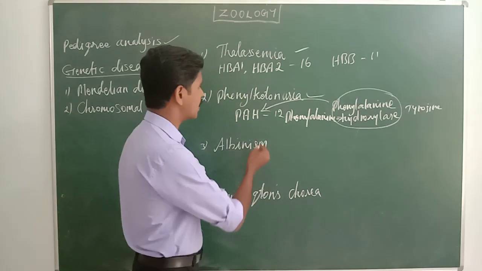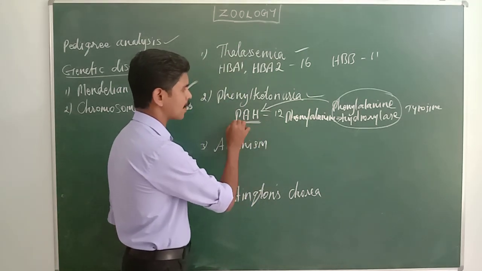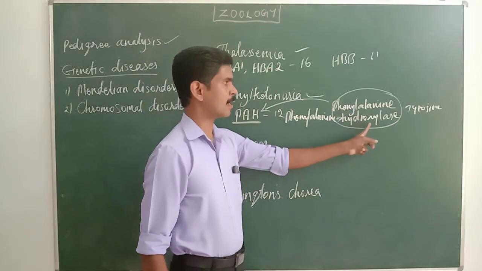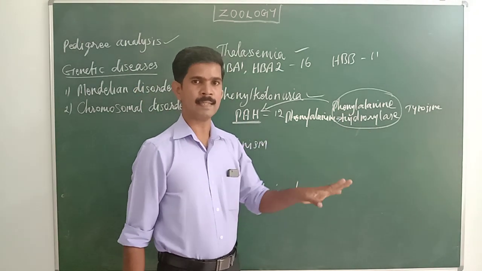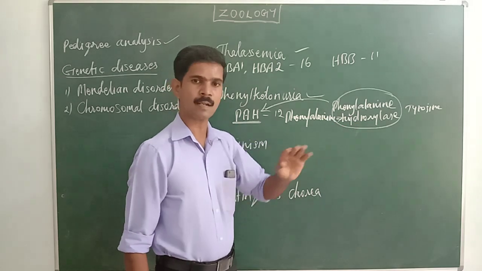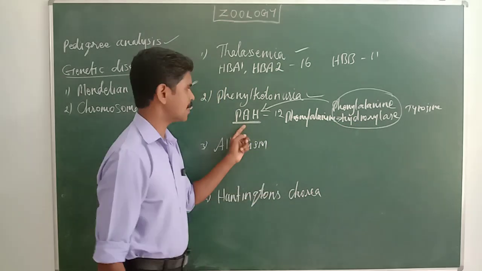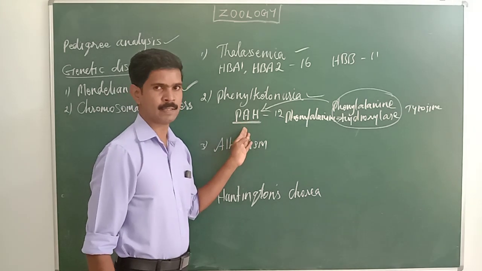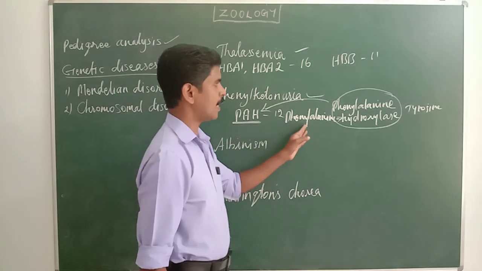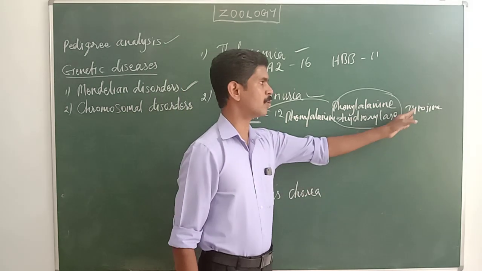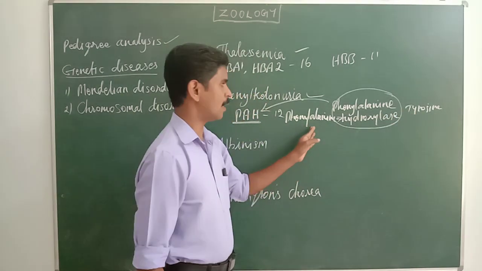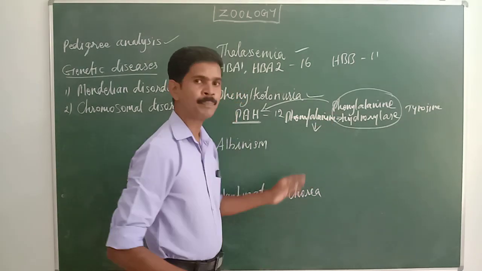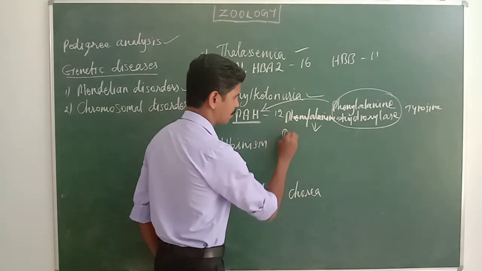If any mutation or damage occurs in this PAH gene, the production of phenylalanine hydroxylase is completely stopped. So phenylalanine is not converted into tyrosine. So the phenylalanine is converted into another acid, called phenylpyruvic acid.